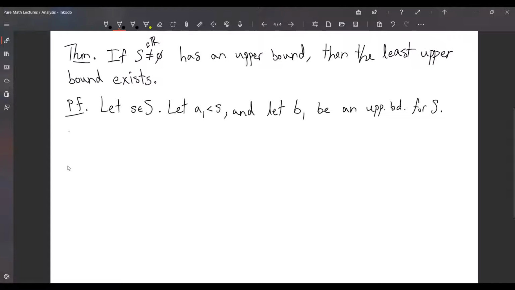So now we're going to place it in sort of a dummy variable. We're going to want to consider the average X equals A1 plus B1 over 2. We're going to break this up into two cases.